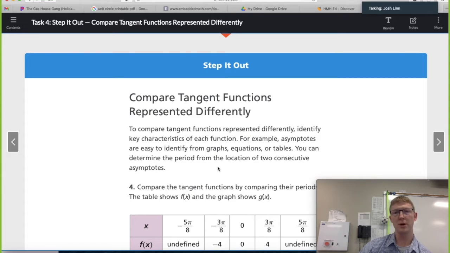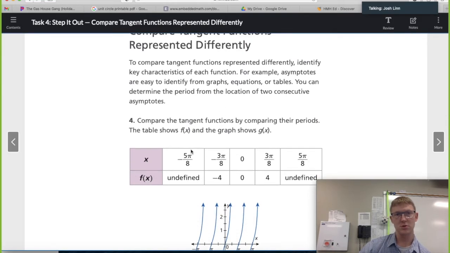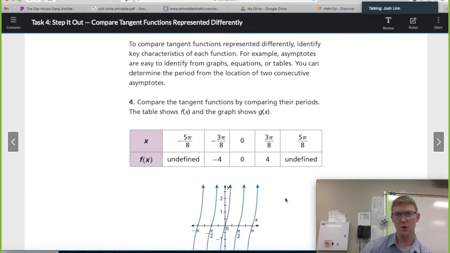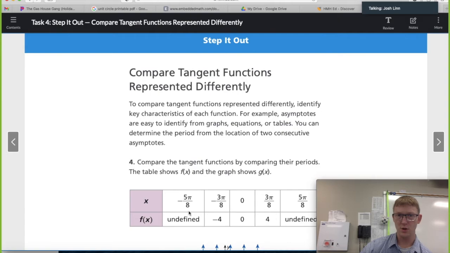You can determine the period from the location of 2 consecutive asymptotes. Here we have a table, and you will notice that you have an undefined, and then you have another undefined here. That gives you your 2 asymptotes, which then gives you a period, which then means you can make as many asymptotes as you want from that.